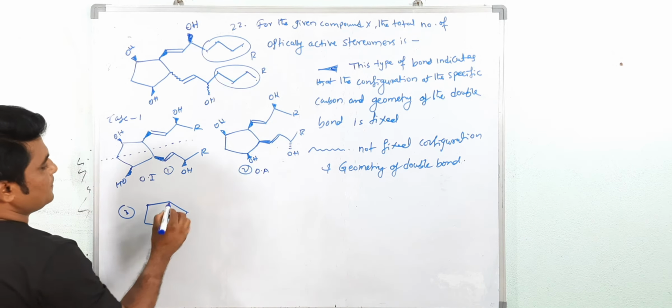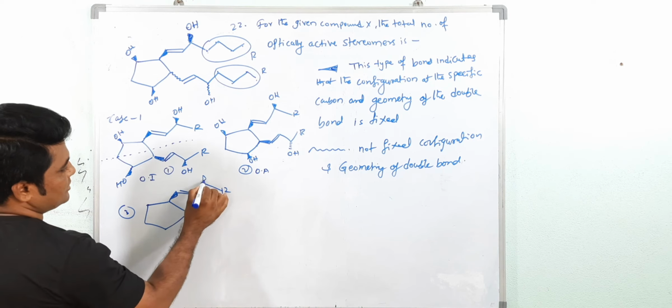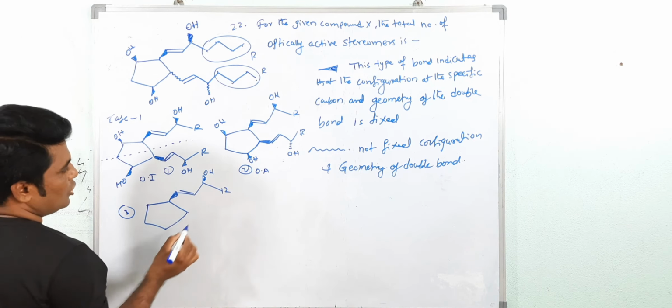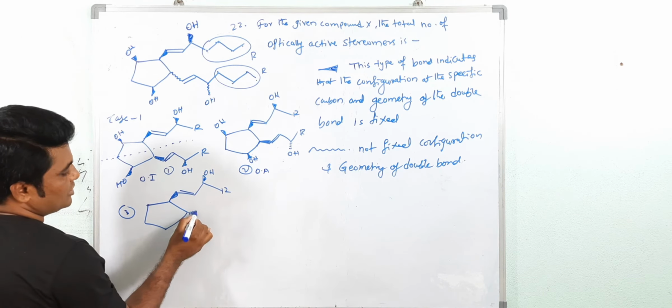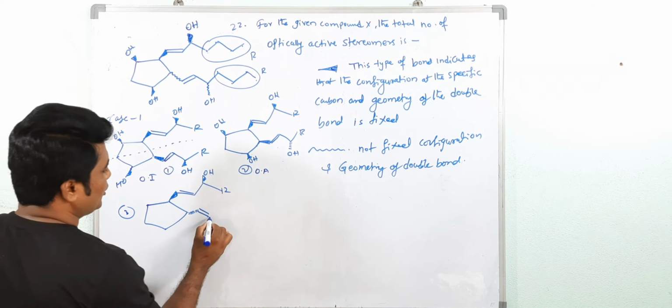In the third case, this is above the plane, does not change here. This is above the plane, does not change. Now I am changing the position here. Now you can put this below the plane, and the double bond geometry is trans only. Are you getting my point?